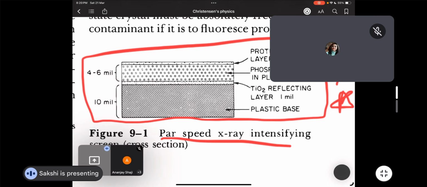So high speed will have thickness high or low? Higher thickness. So higher thickness means larger phosphor crystal. Got it? Once you're done with writing this diagram, tell me.